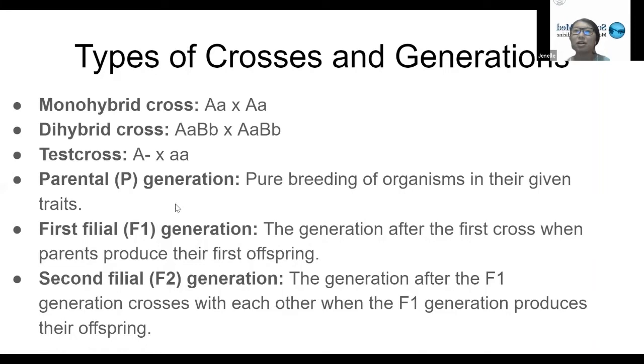So F1 are all the offspring from the P generation, and F2 are all of the offspring from the F1 generation when each of these respective generations mate with each other.